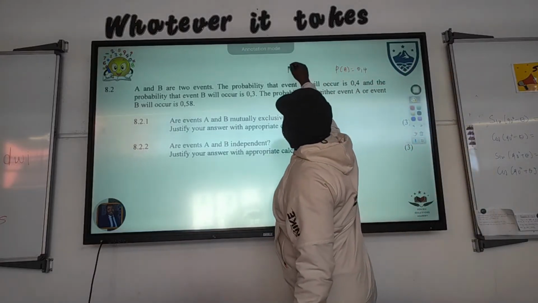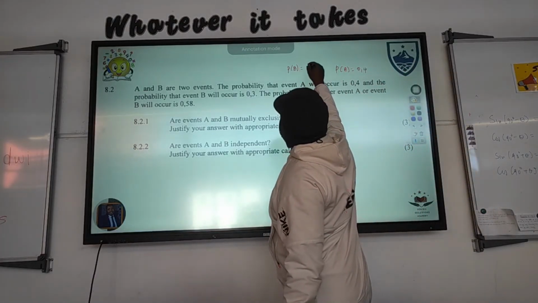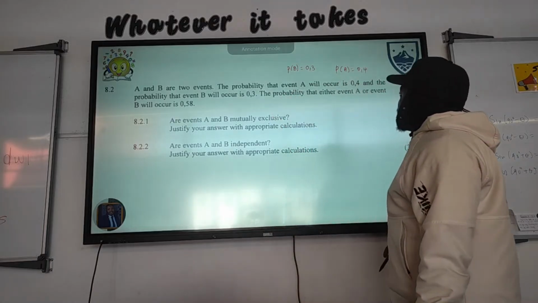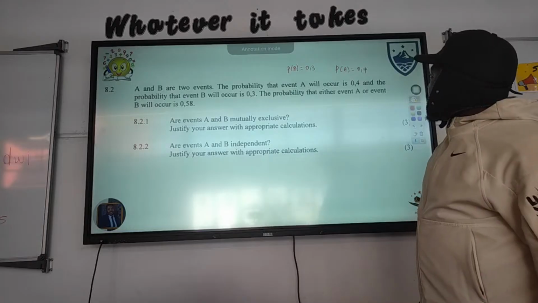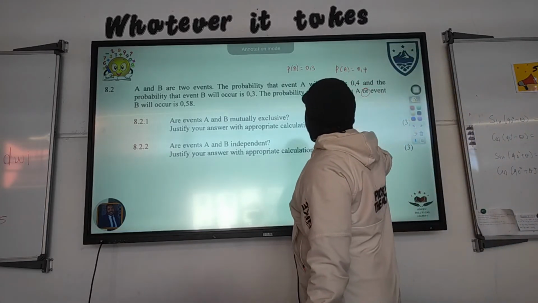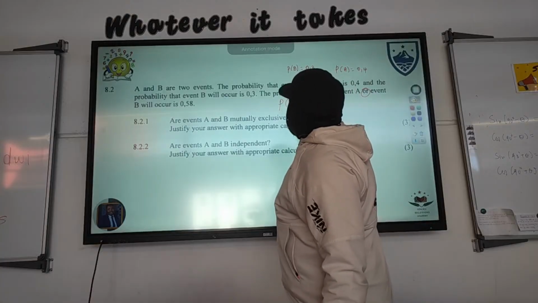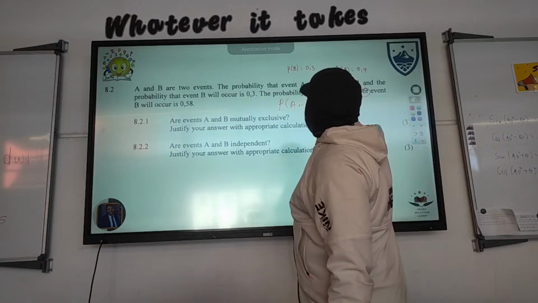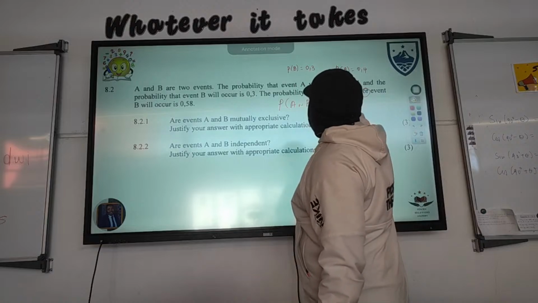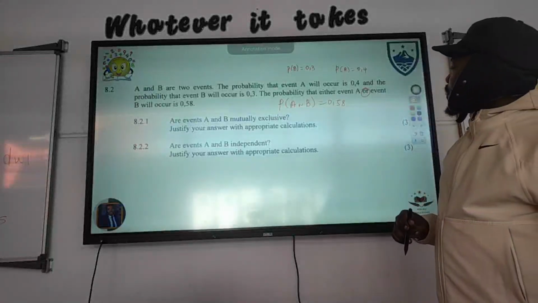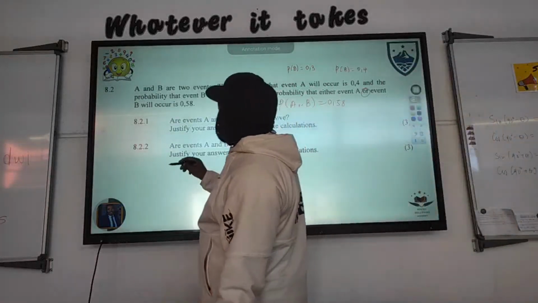The probability that either A or B will occur, which means it's an "or", is 0.5.